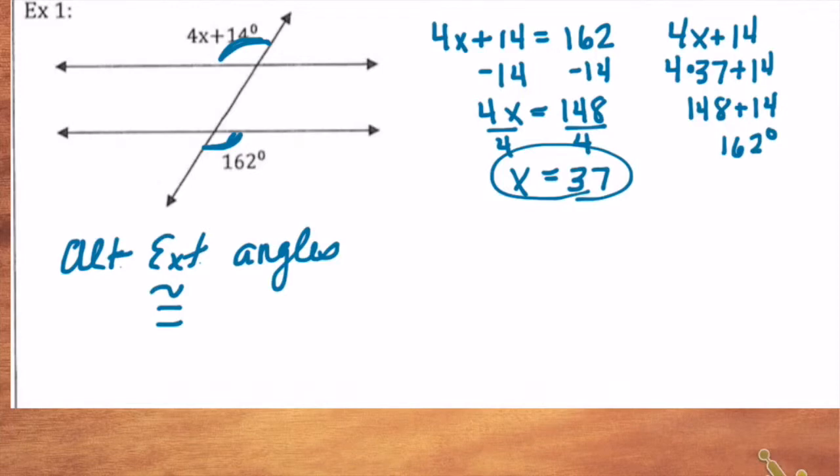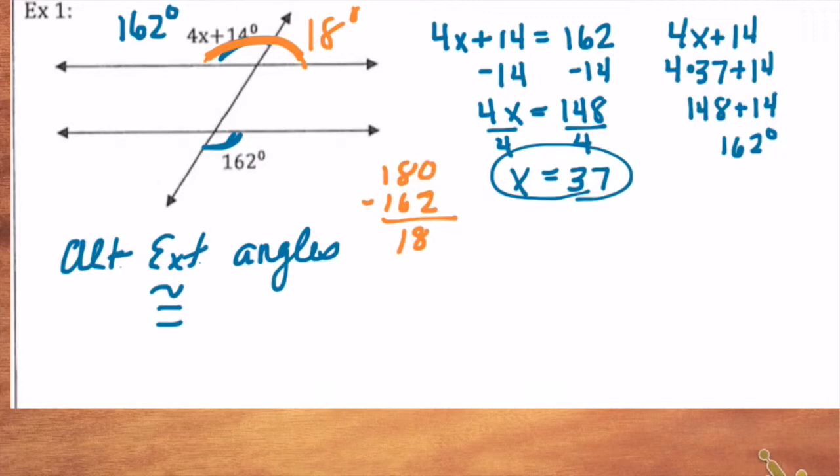Now we do want to find the other missing angles because that was in the instructions. So here we're going to say, okay, this is 162, so I found my x. To find the other missing angle, we have to recognize that we have other pairs. Like this would be a linear pair, so they would add up to 180. So I can say, okay, 180 minus 162, and that's going to give me 18 degrees for the other angle.